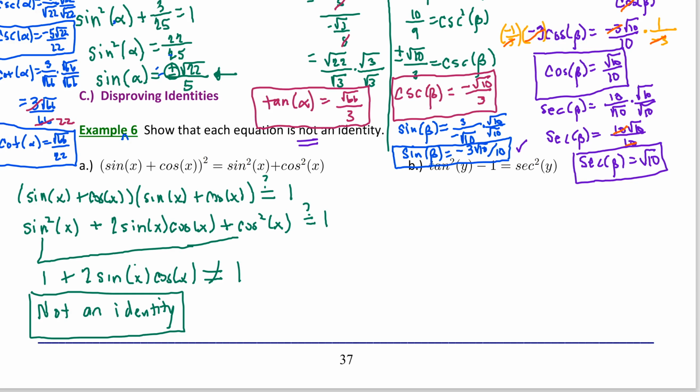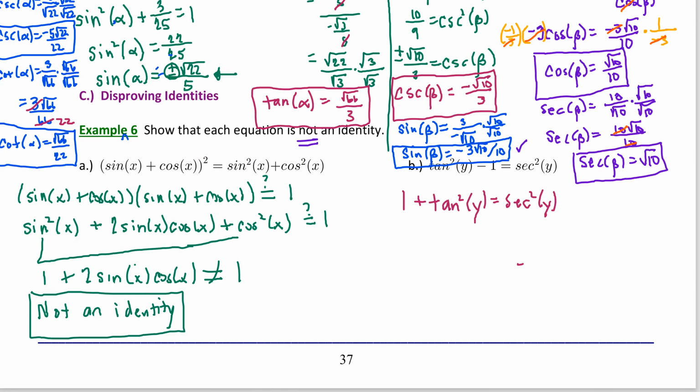On example B, we have tangent squared of y minus 1 equals secant squared of y. Let's make use of our Pythagorean identity relating tangent and secant to test out this equation. Recall that 1 plus tangent squared of y is equal to secant squared of y.